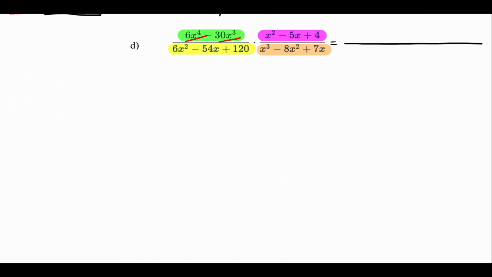The GCF for the green is going to be 6x to the third. That's going to go in front. When I do that, it leaves me with x minus 5. Okay, green is done.